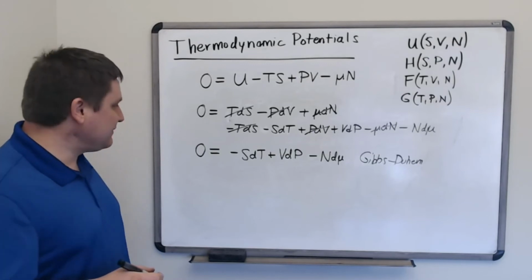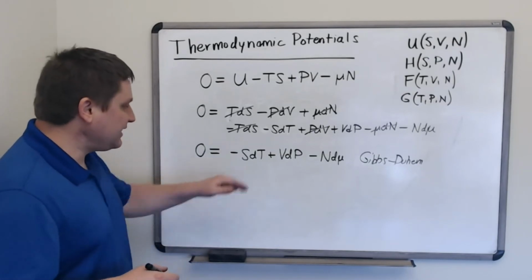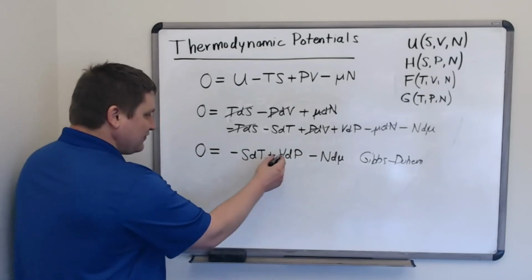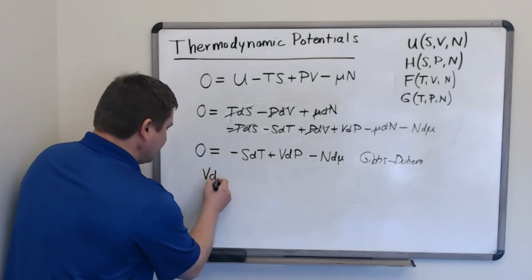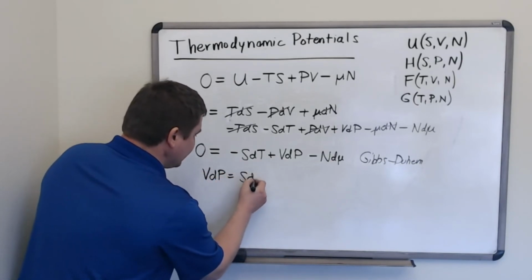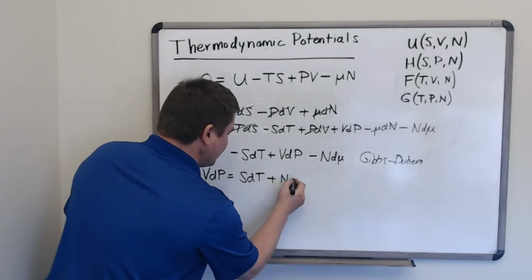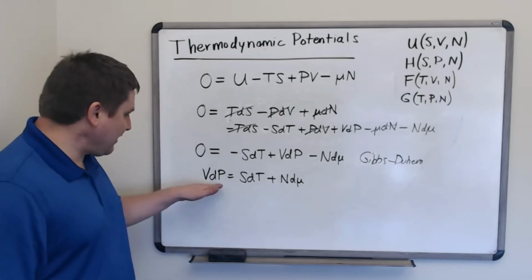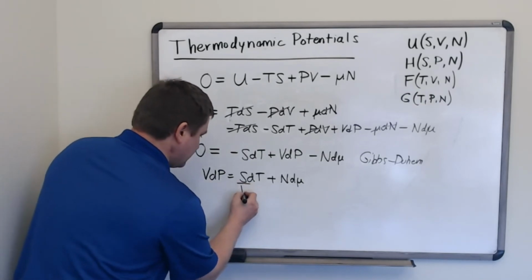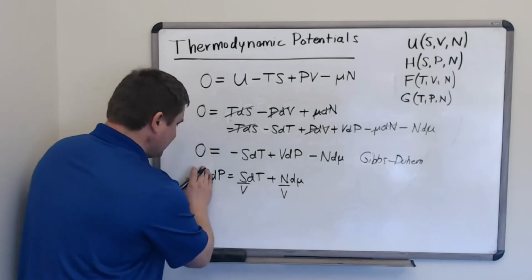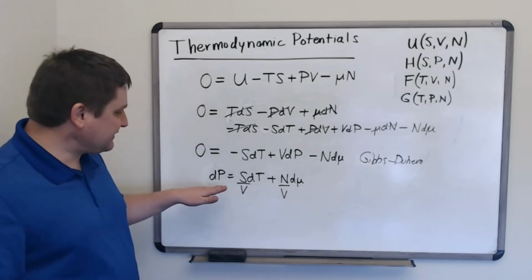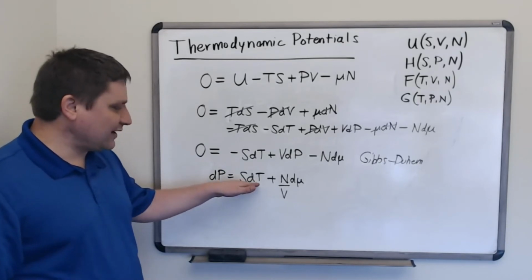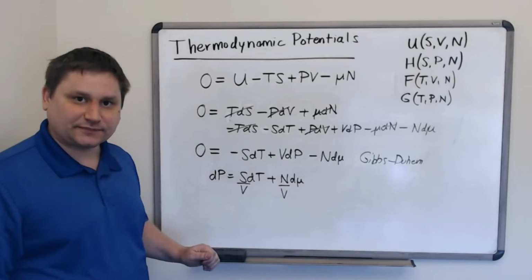Sometimes we see the Gibbs-Duhem equation solved for a particular variable. Let's look at it for pressure. If we move pressure to the other side, we'll obtain VdP equals SdT plus n d mu. And what this means is that the pressure, if we divide both sides by volume, can in some way be thought of as a thermodynamic potential with independent variables of temperature and chemical potential.